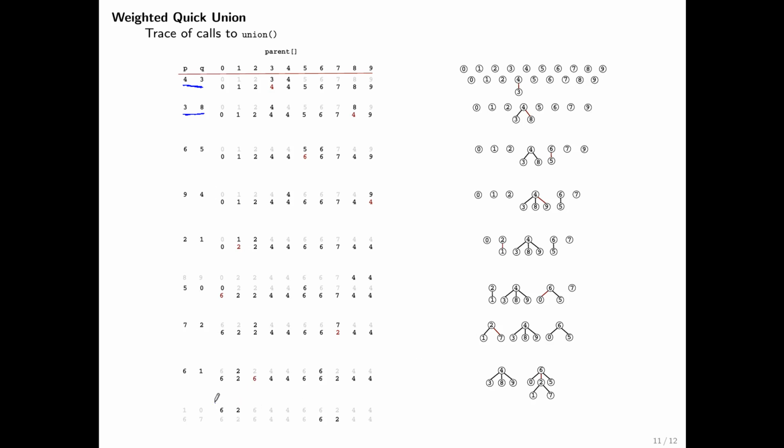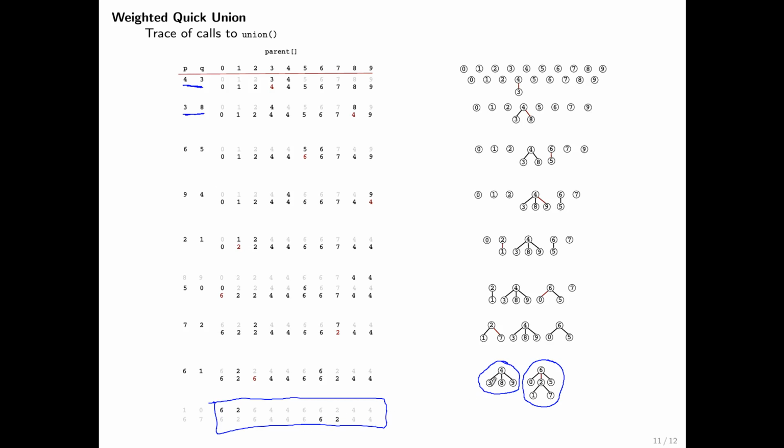you have this for the parent array, and you have this representation as trees. Okay, and here again, within a component, if you want to find the component identifier of a node, you can simply consult the array.